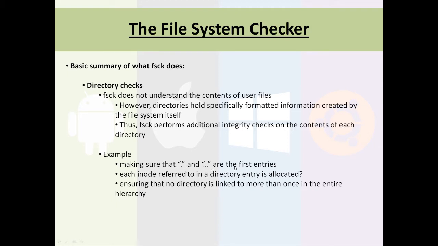It also checks that each inode referred to in a directory entry is actually allocated. And lastly, it ensures that no directory is linked to more than once in the entire hierarchy. So you can't get that circular directory setup that we talked about last week.